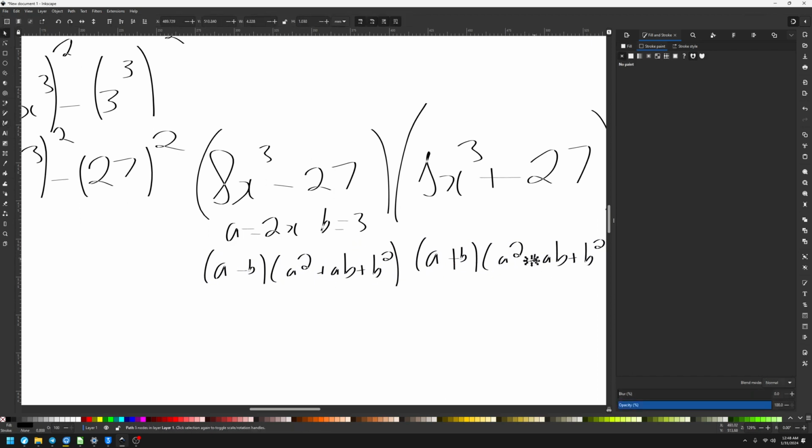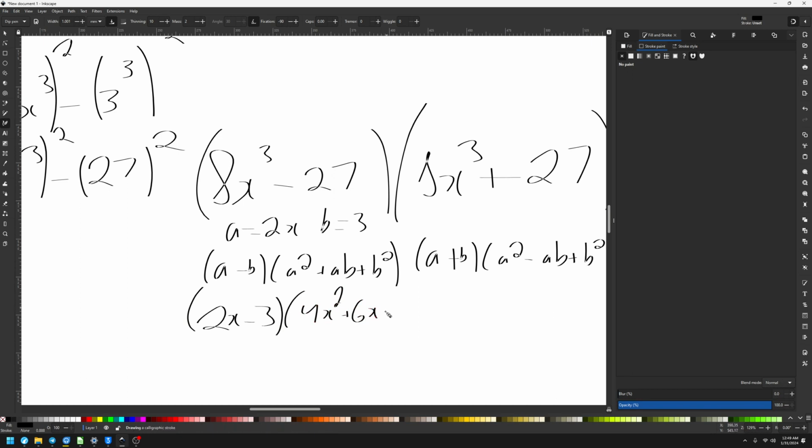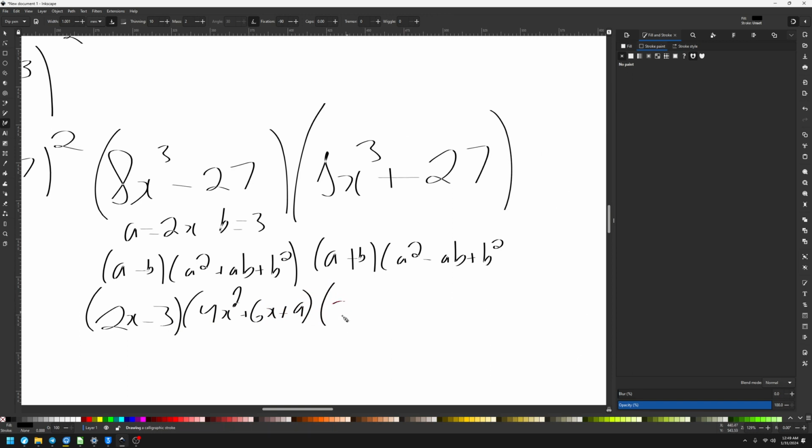Okay, those are the formulas we're going to use. So 2x minus 3 times 4x squared plus 6x plus 9 times 2x plus 3 times 4x squared minus the product, which is 2x times 3, so minus 6x plus 9.